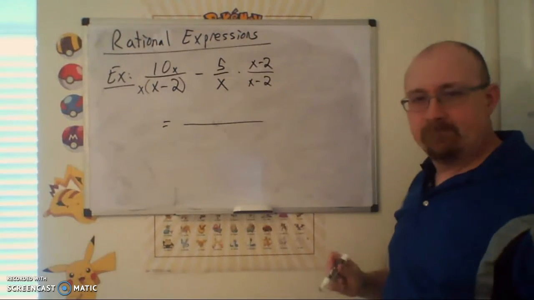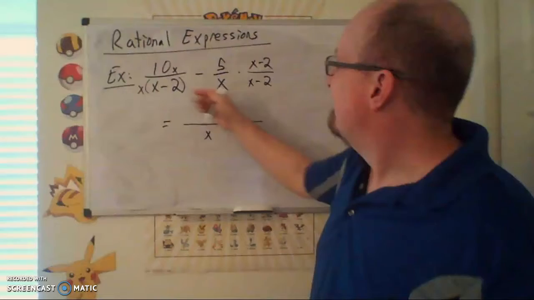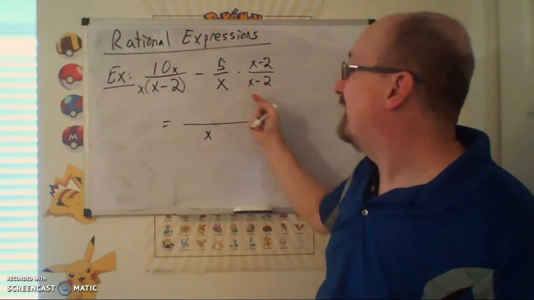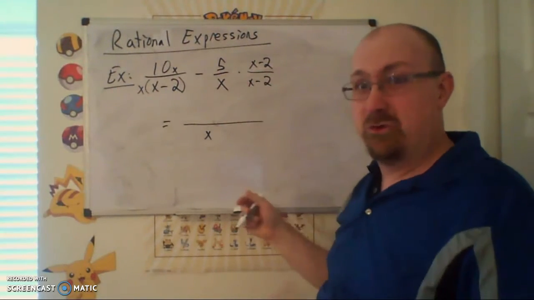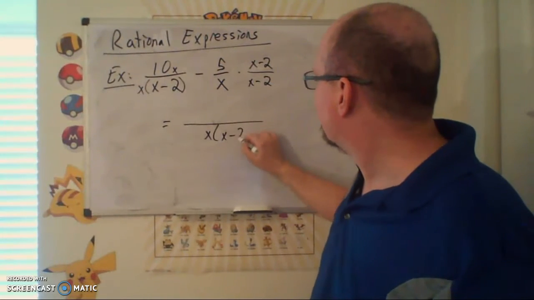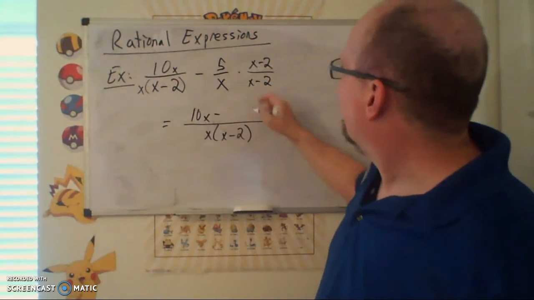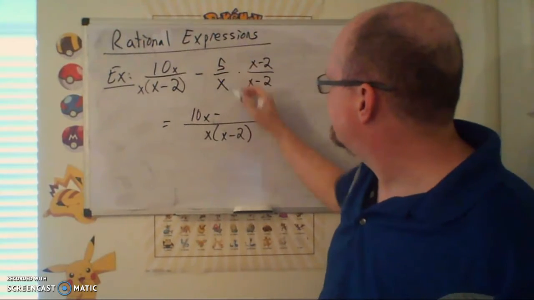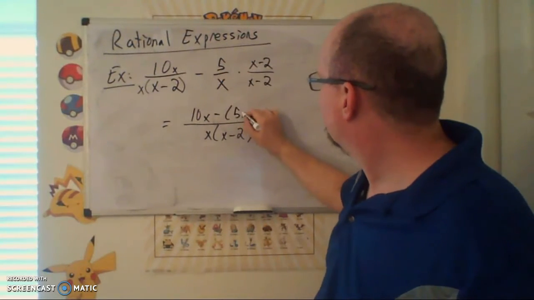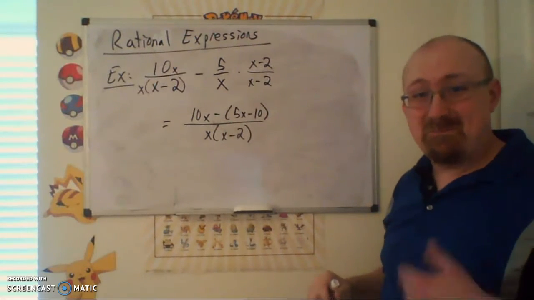Now that the denominators are the same, we can subtract the numerators from each other after we've done all the necessary algebra. So x times x minus 2 on the bottom, 10x up top, and I've got to distribute that 5, so I'll have 5x minus 10.